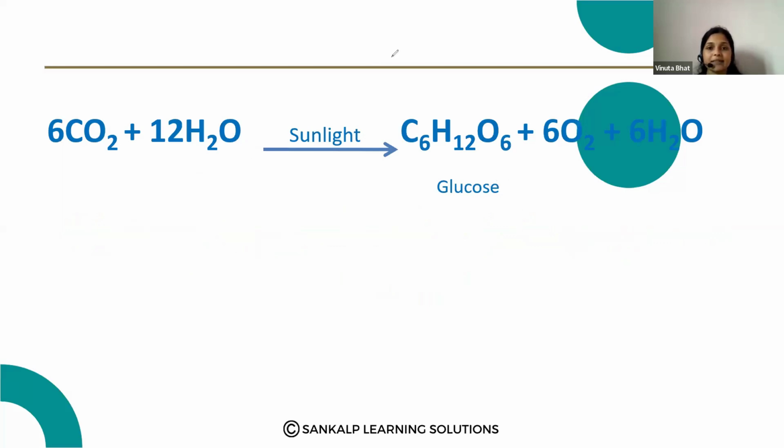You have to balance that using the method you studied in the first chapter, how to balance a chemical reaction. Over the arrow, write sunlight; here you should write chlorophyll also, that is also important. Okay, so this is the balanced chemical equation of photosynthesis.